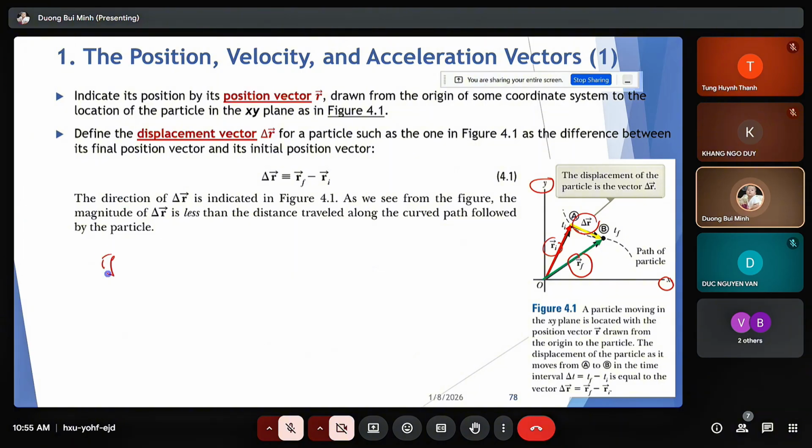If we analyze, r_f is r_fx plus r_fy, and we have r_i, which is r_ix plus r_iy.